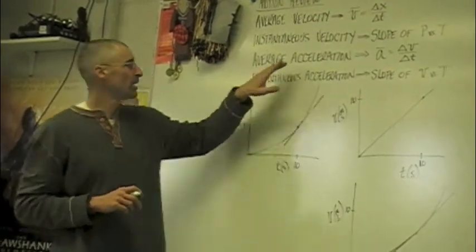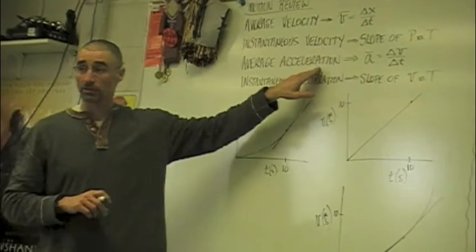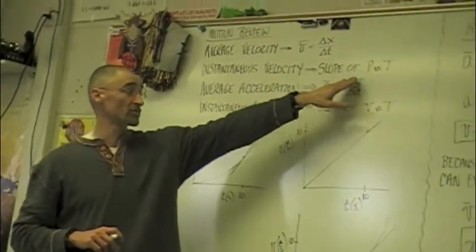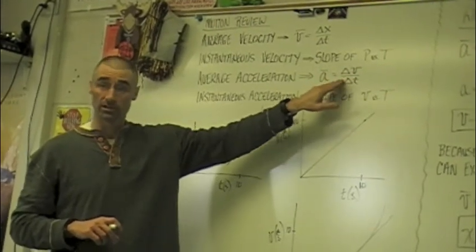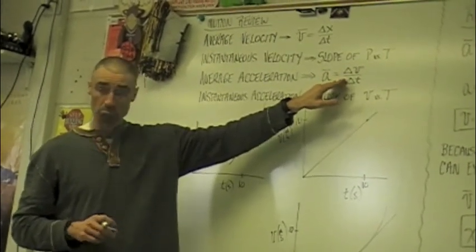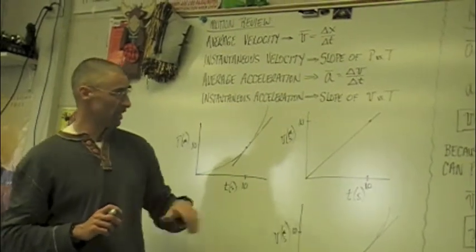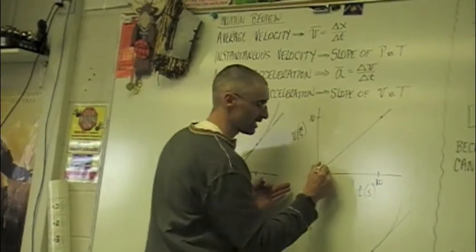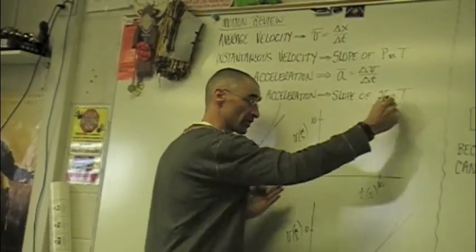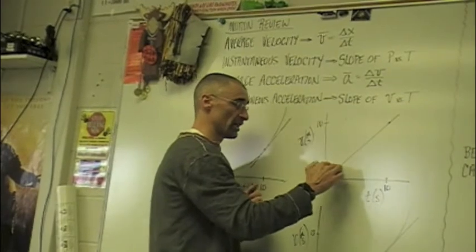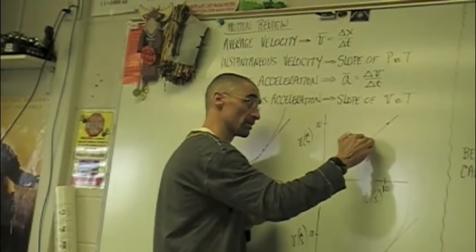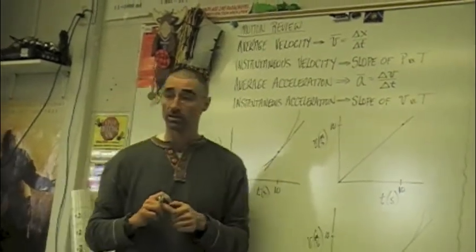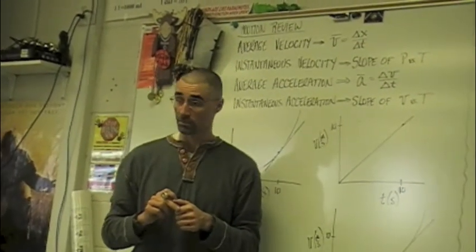Now, if we move on, talking about average acceleration, average acceleration, a bar, equals change in velocity over change in time, okay? Which is pretty simple, because if we have a linear velocity versus time curve, which means our velocity is increasing the same amount every second, then our average acceleration should be constant, right?